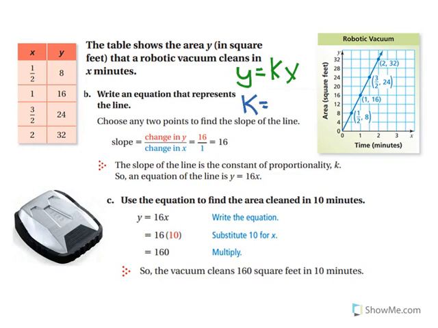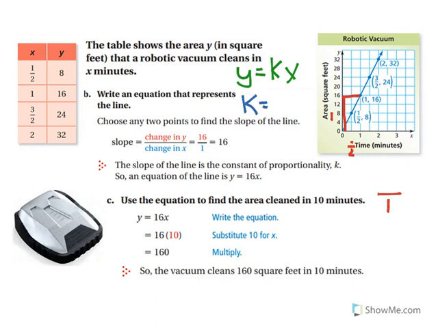So we're going to look over at our graph. And we have a point here at the origin. The easiest way to do this, if possible, is to have something over 1. Now, if I go just to this first point right here, I've only gone over a half of a space. So that would not work for me. So instead, I'm going to go from this point all the way over to this point.